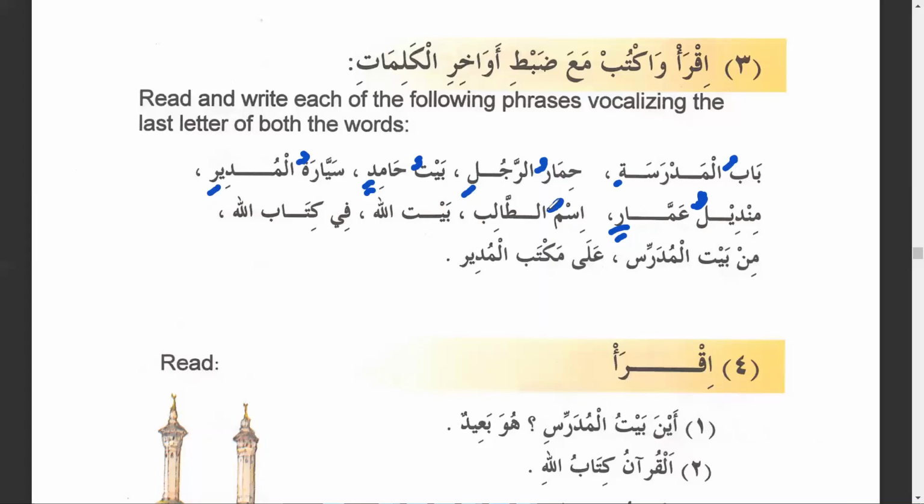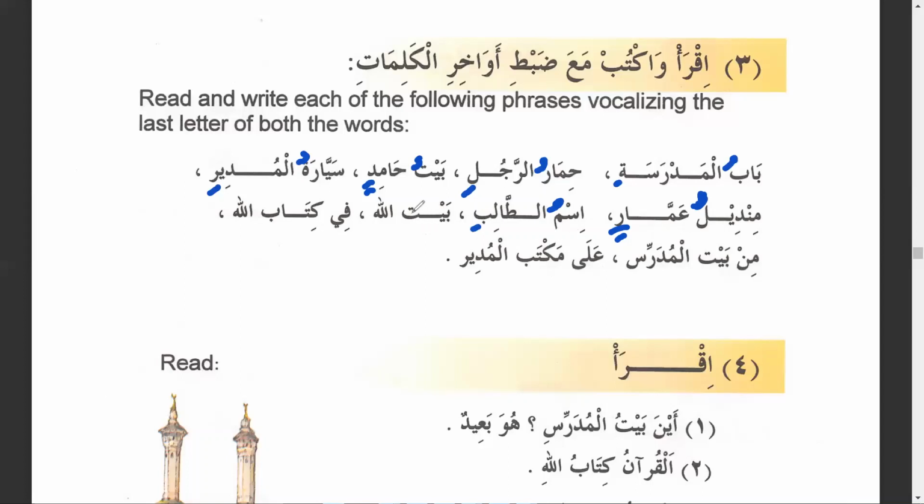Okay, so Ismu Talibi. Talib's name? A talibi is not a person, a talibi, the student. Oh, the student. Talib's name doesn't make sense, because we already know his name. So the student's name.